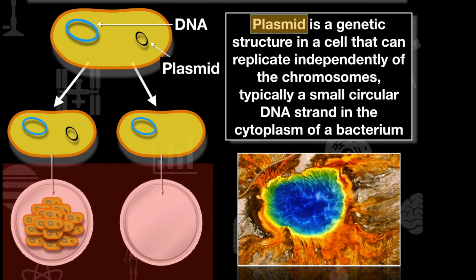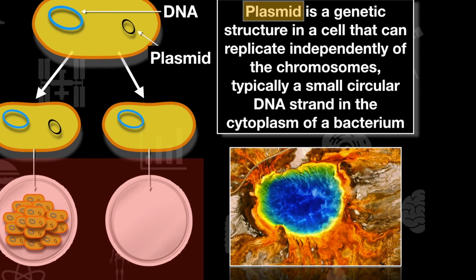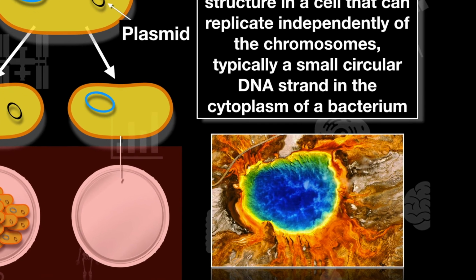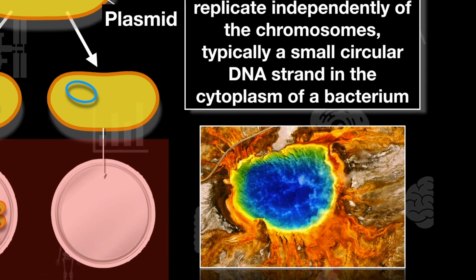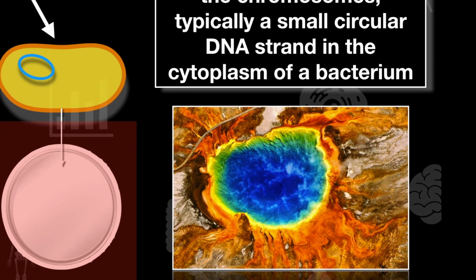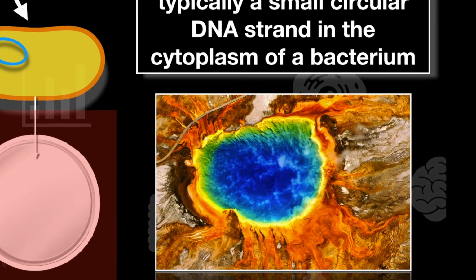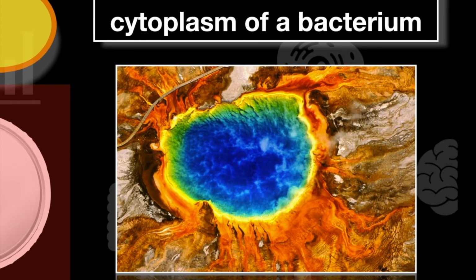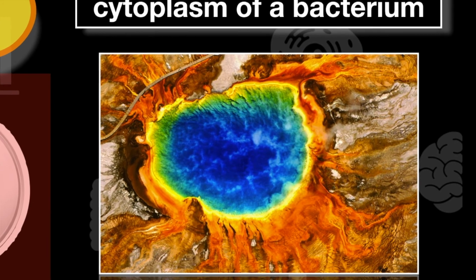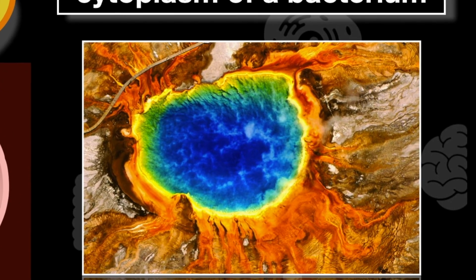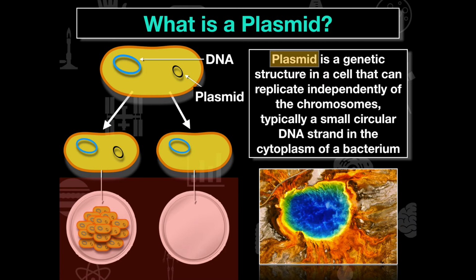So Yellowstone is basically a valley on top of a volcano, and we see all of these really colorful pools of bacterium here. And these pools have bacterium that are really, really resistant to these temperatures. And the most likely reason is these plasmids: bacteria exchanged plasmids, or divided with the presence of these plasmids, to make them adaptable to this inhospitable environment.